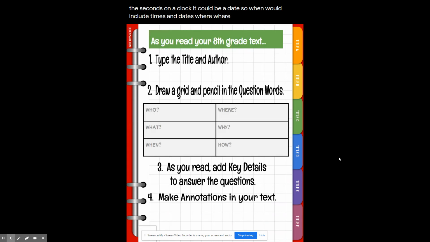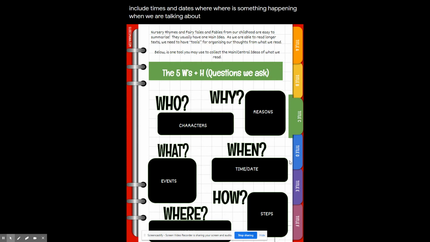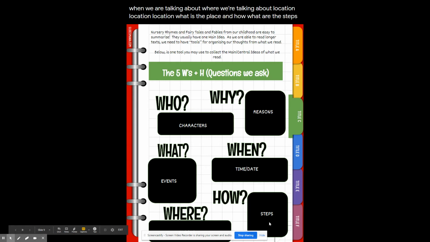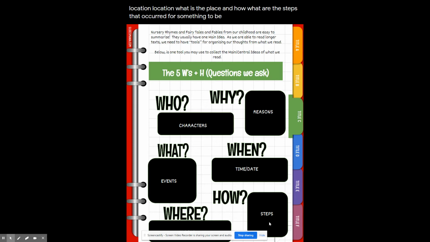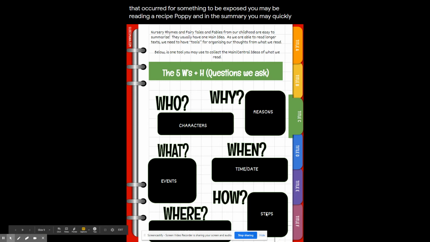Where? Where is something happening? When we are talking about where, we're talking about location, location, location. What is the place? And how? What are the steps that occurred for something to be exposed? You may be reading a recipe, and in the summary, you may quickly say first, next, then, and finally.